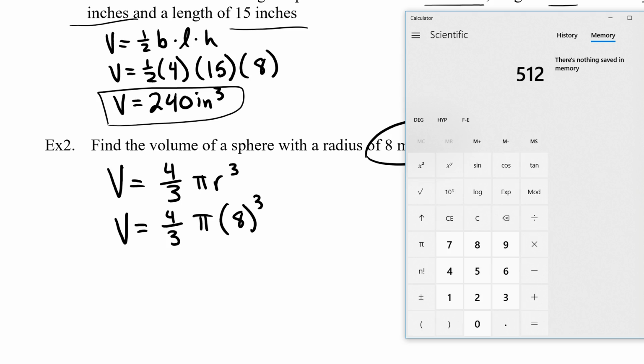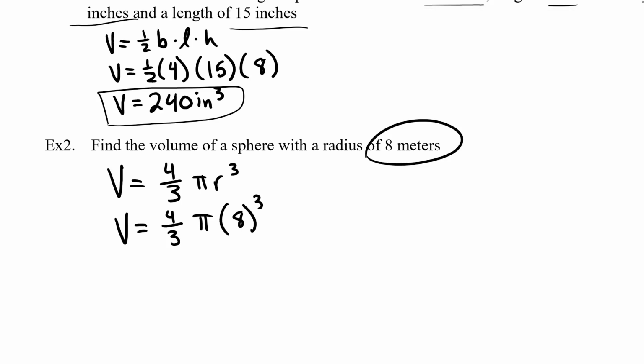I just want to find 8 to the power of 3, so I'm going to say times pi times 4, because that's on top, and this fraction sign just means division, so divided by 3. So that's 2,144.66. And that's going to be meters cubed.